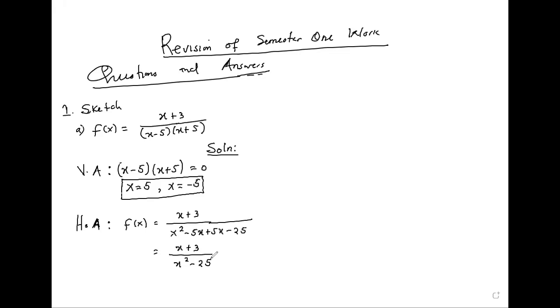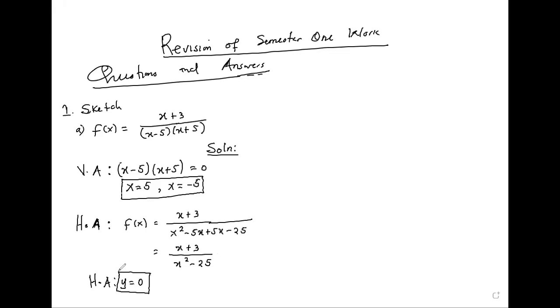So the degree of the denominator is higher than that of the numerator. What does it mean? The horizontal asymptote is the line y is equal to 0. This one.